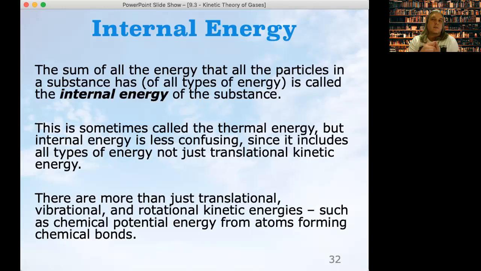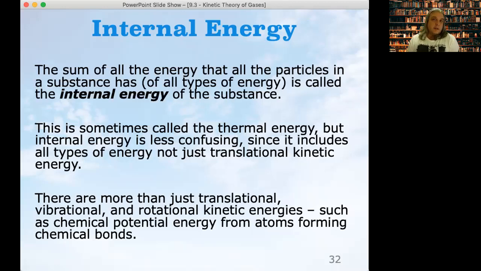You'd have to measure its rotational energy, its vibrational energy, its chemical potential energy, whatever other kinds of energy it might have, and the translational kinetic energy, obviously. Add all of those together to find the total energy for that gas particle. Do that for every one of all your gas particles. Add all of those total energies up, and that gives you the internal energy. So the internal energy is all of that energy in the system.